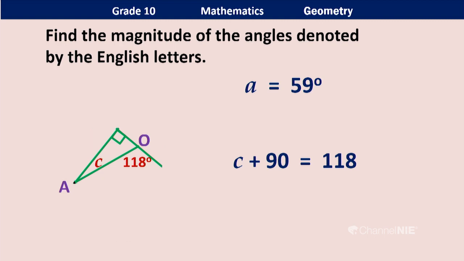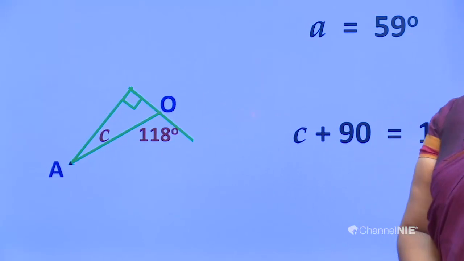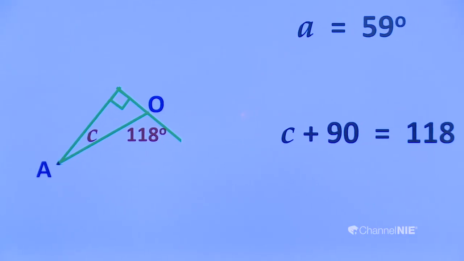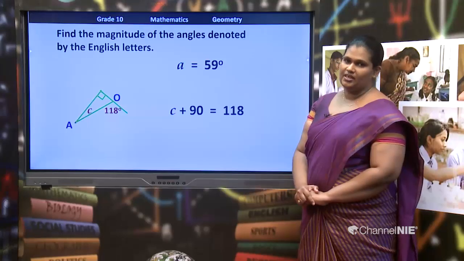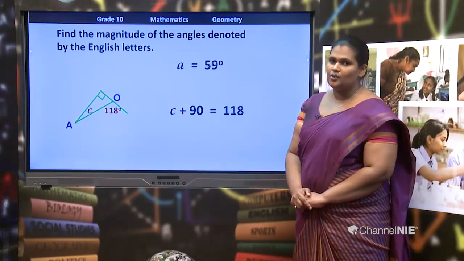Now, this is the exterior angle. These are the interior opposite angles. Therefore, I can get C plus 90 degrees is equal to 118 degrees. So, we have again a simple equation.